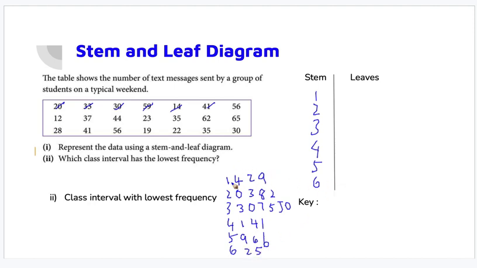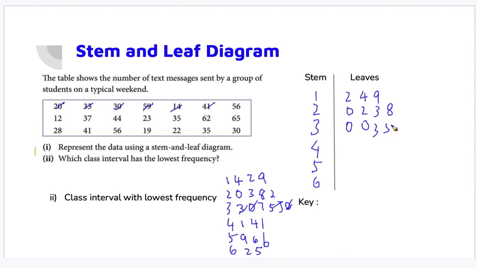Right, so now we can rearrange them. Smallest first, 2, 4, 9. And this one is 0, 2, 3. Make sure the numbers are in line. Okay, 3, 0, 0. And well, we can cancel so that we can keep track. 0, 0, 3, 5, 5, 7.